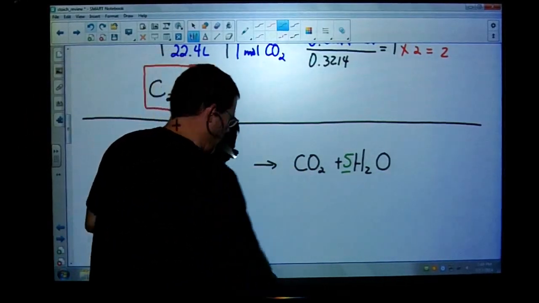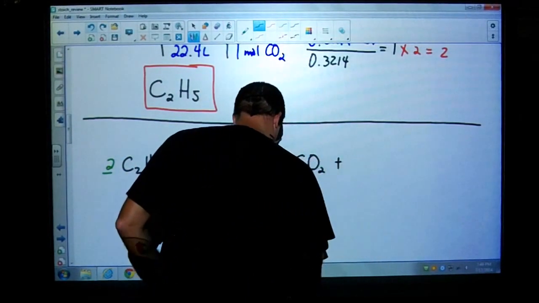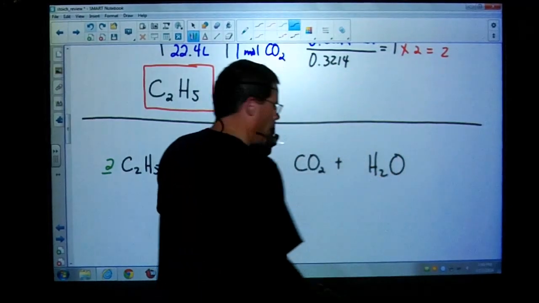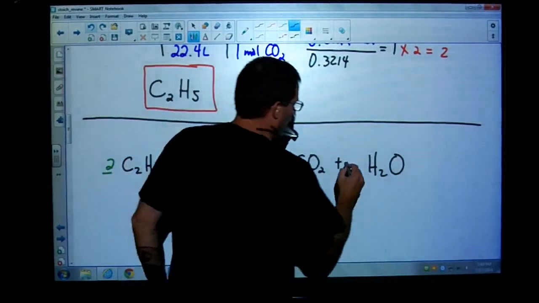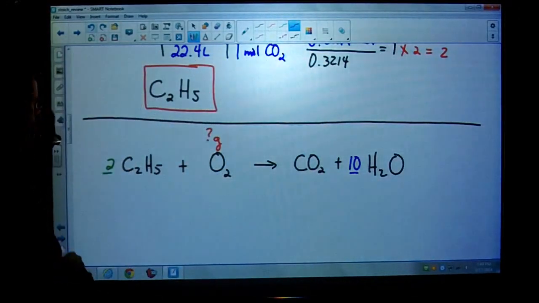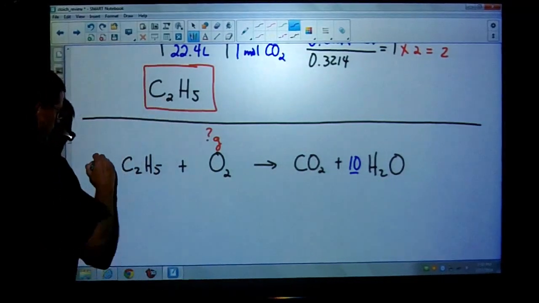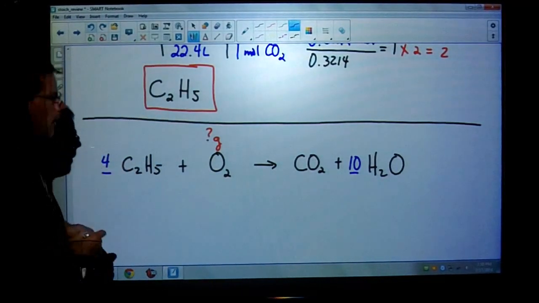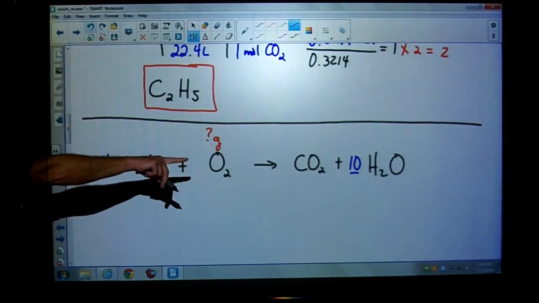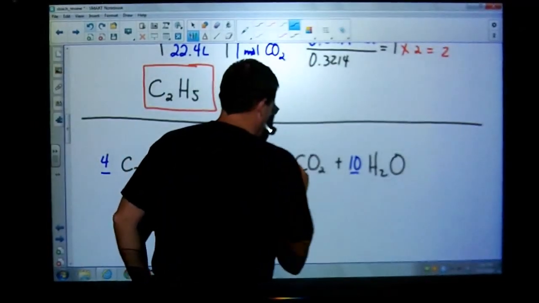So I am not happy with an odd number. A multiple of 5, multiply that by 2, then I get that. So that means I need to change this to a 4. Okay. And now my hydrogens are balanced. I have an even number of oxygen on the right side. So I have 8 there, so let's put an 8 there.